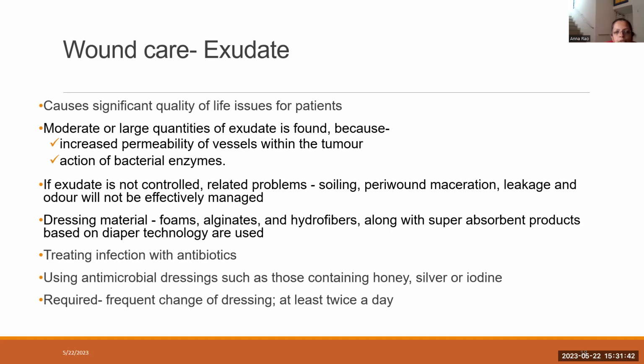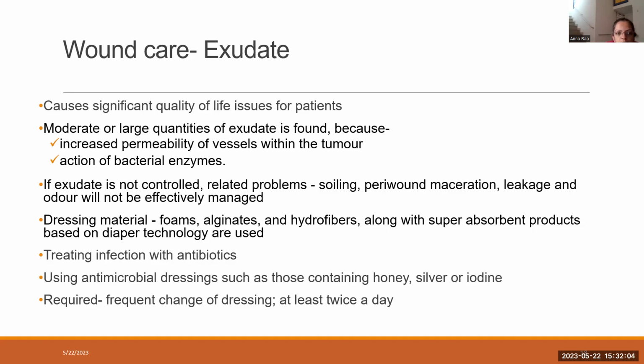Okay, so we just discussed that it causes a lot of problems. It will affect the quality of life of the patient, right?